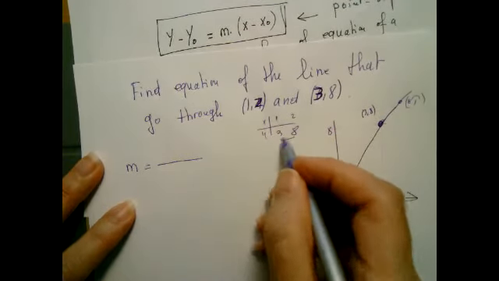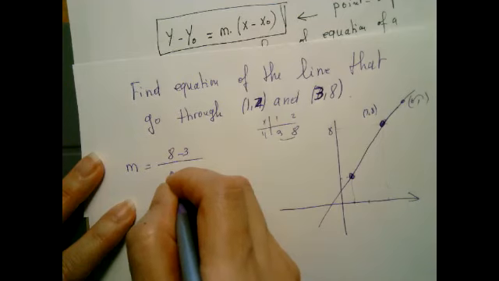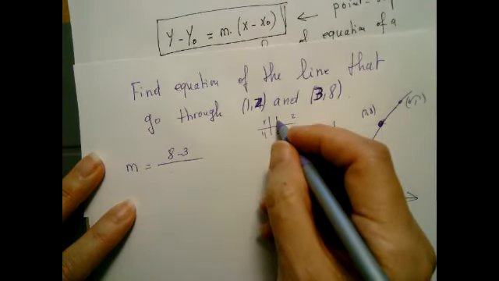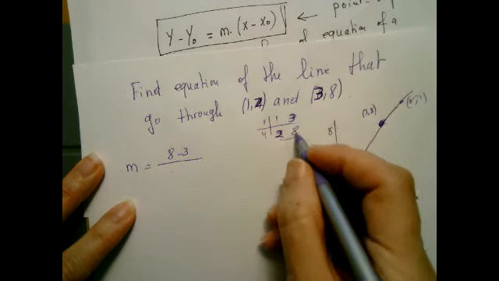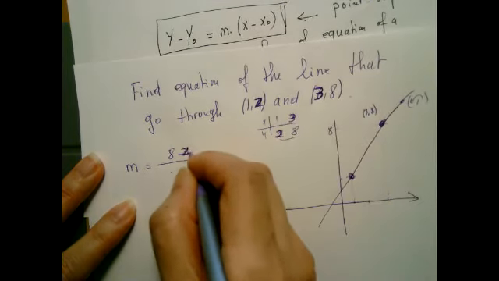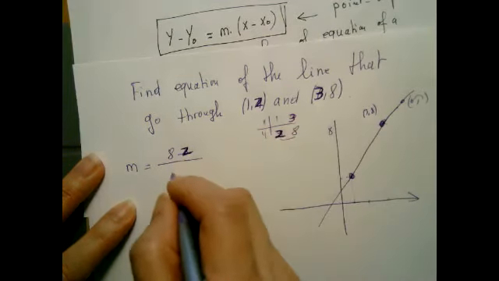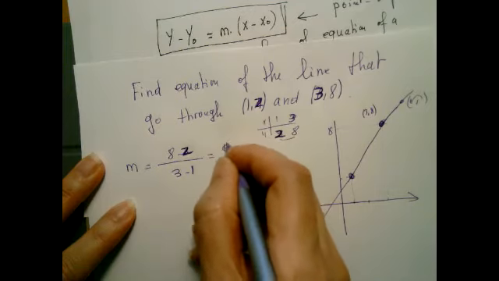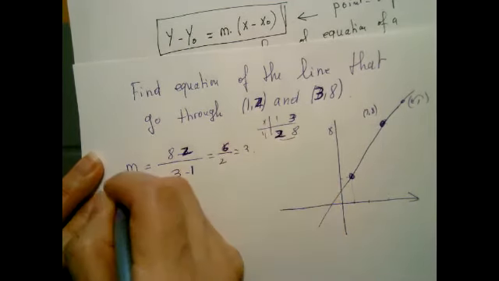So the slope is 8 minus 2, divided by 3 minus 1. That's 6 over 2, which is 3.